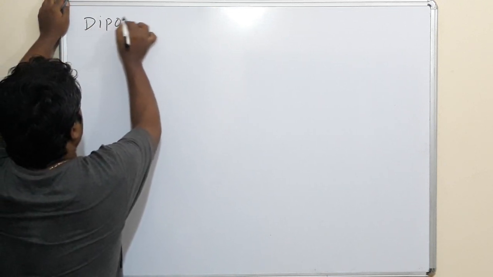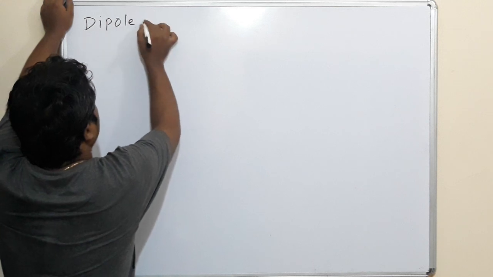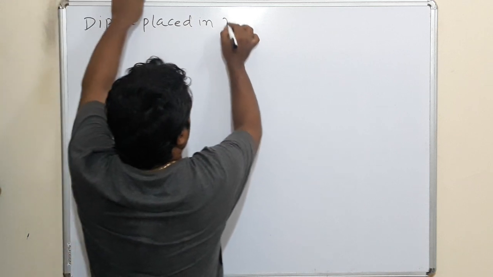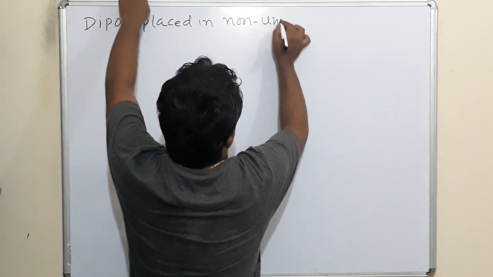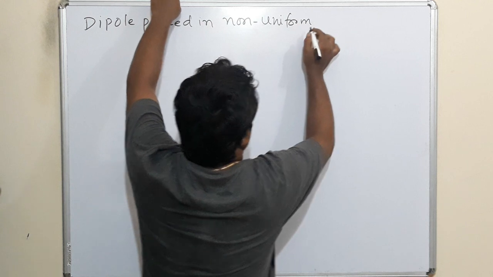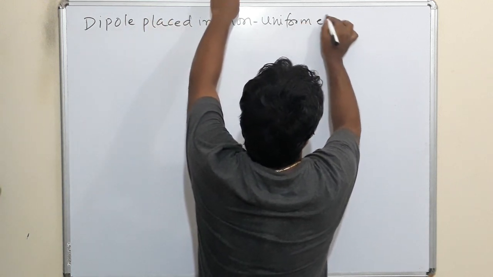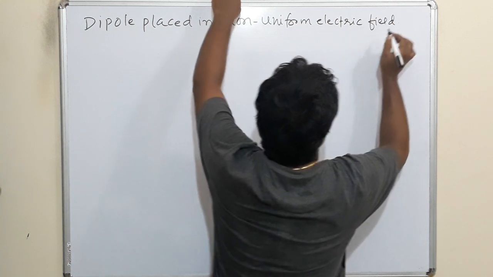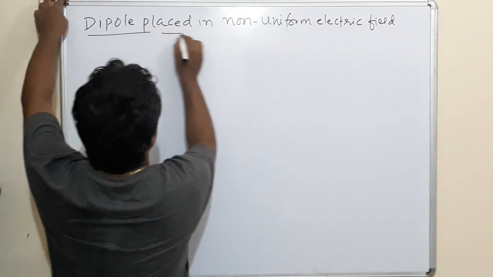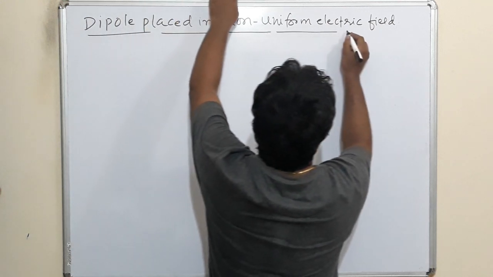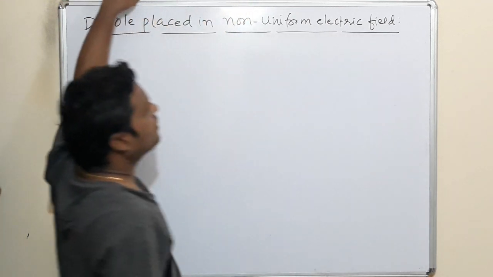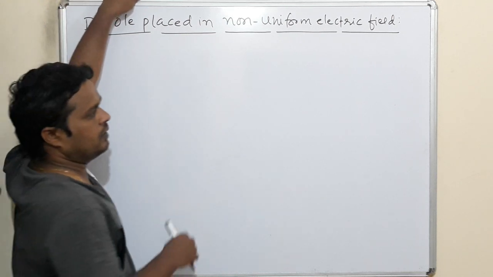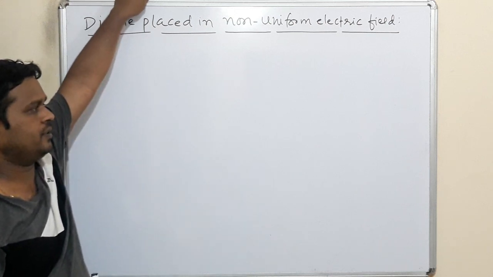Dipole placed in non-uniform electric field. How a non-uniform electric field is represented, that we studied in electric field lines.